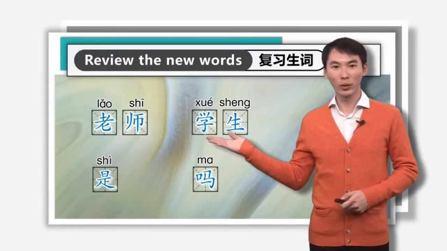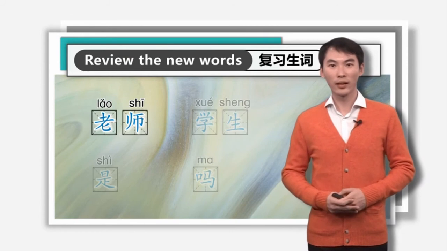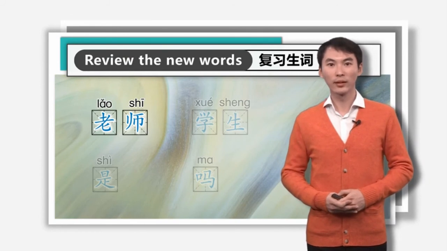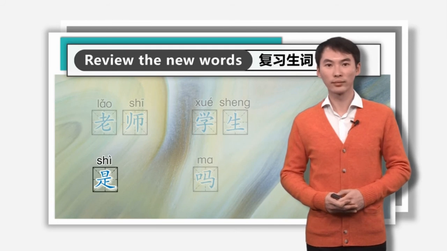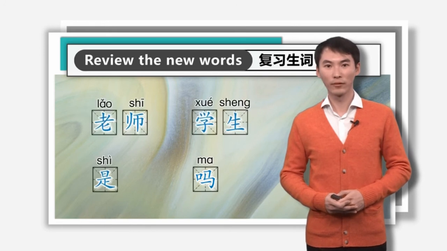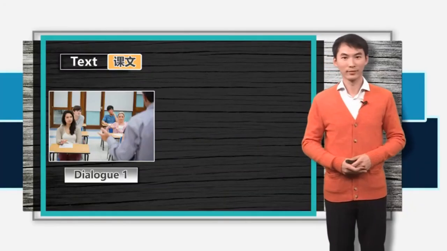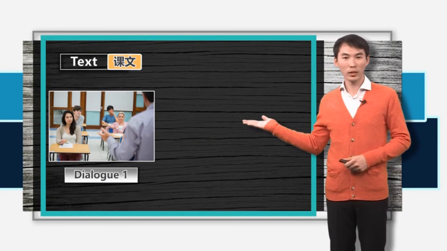Let's review the new words together. 老师, 学生, 是, 吗. Very good. Now, look at this picture.